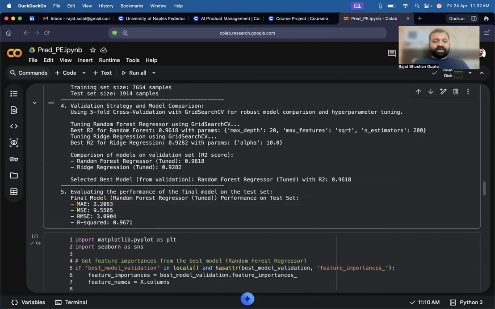So as you can see here, the mean absolute error was 2.2, mean squared error was 9.5, and RMSE was 3.1, with the overall R square score of 0.967. And so this is a pretty good estimator based on the data we have.